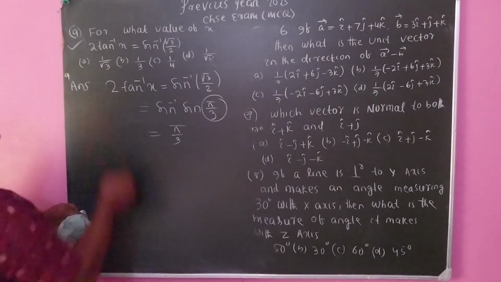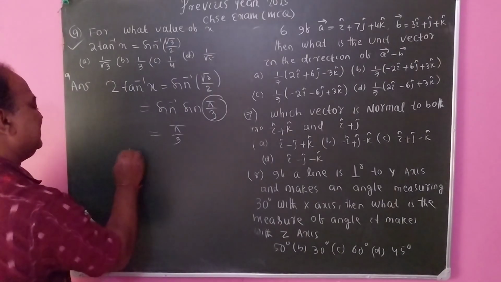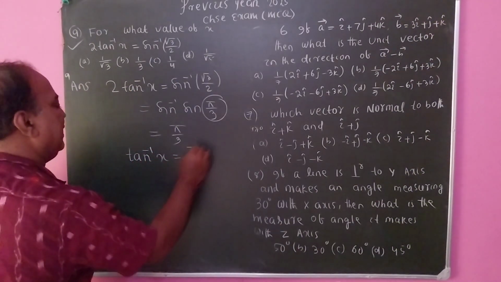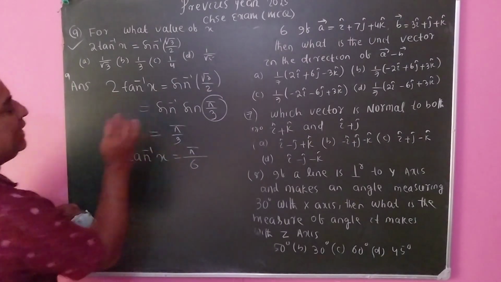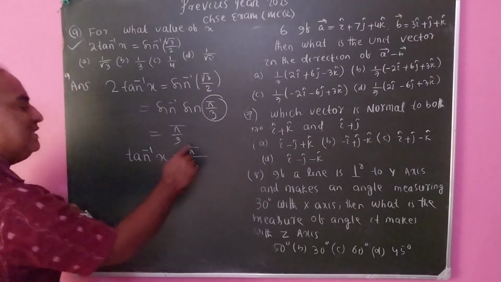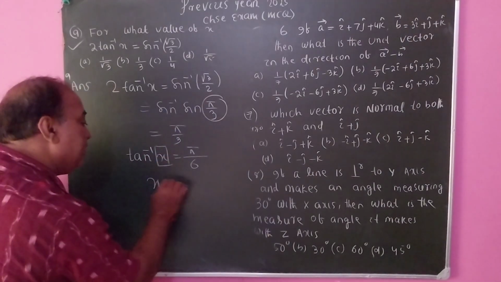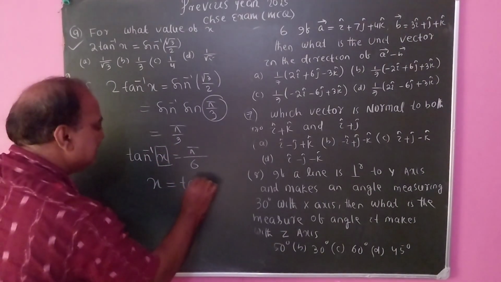So the 2 will be divided there: tan inverse x is equal to pi by 6. And what is x? x is equal to tan pi by 6.